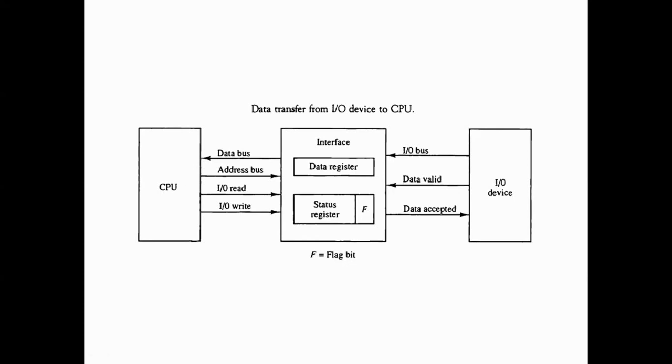So if I say that a CPU has to check the contents of a register, how will it do that? First, it will transfer the contents of this status register to the CPU. Then here an if operation will be performed to check whether the bit is set or it is not set.